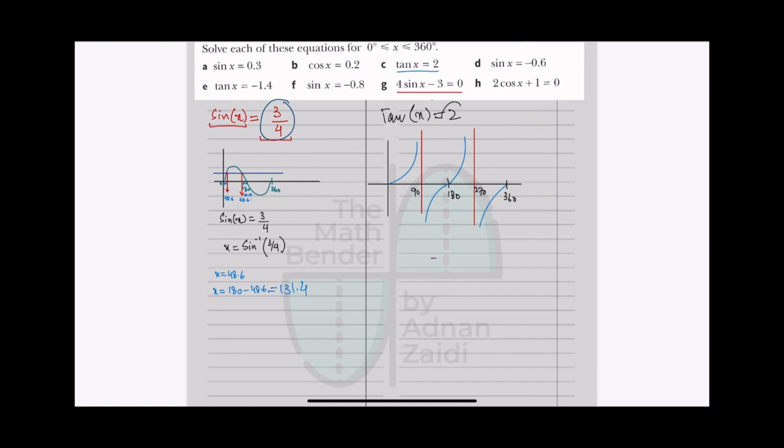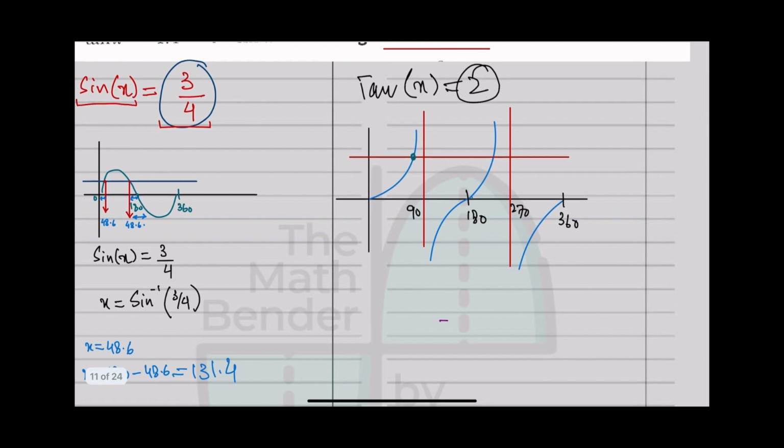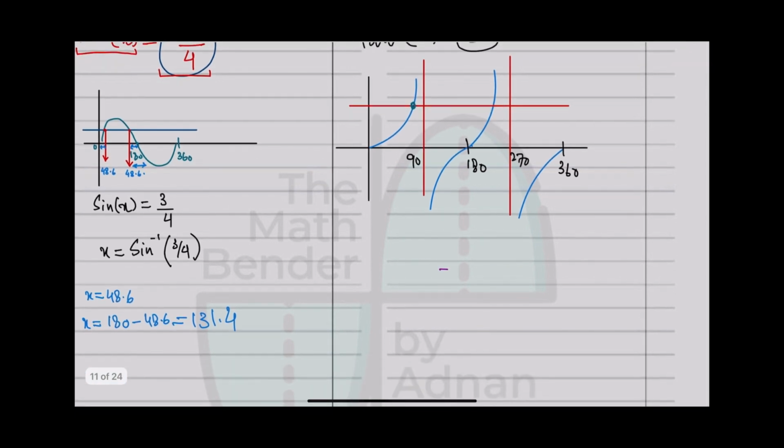So let's draw a line y equals 2. So roughly, probably it is going to be somewhere here. Now, this is the point of intersection when we equate tan x with 2, and this is the other point of intersection. Let's mark them down. This is here and this point here.